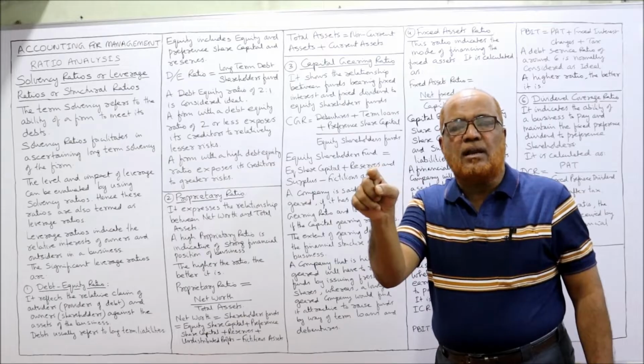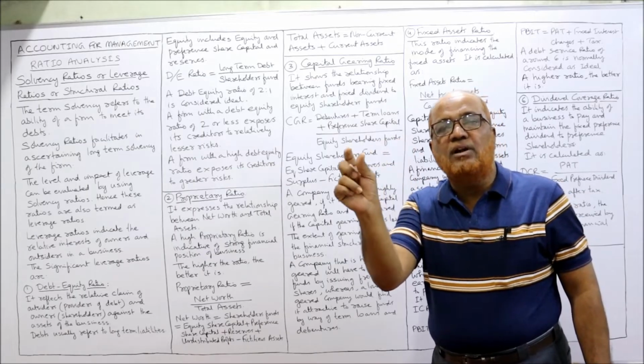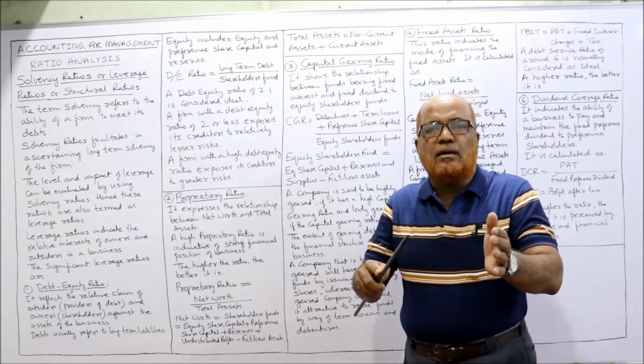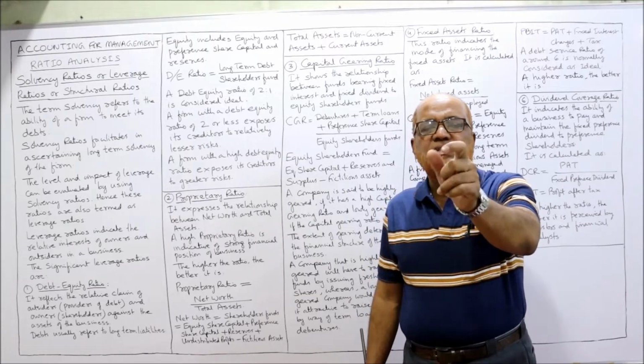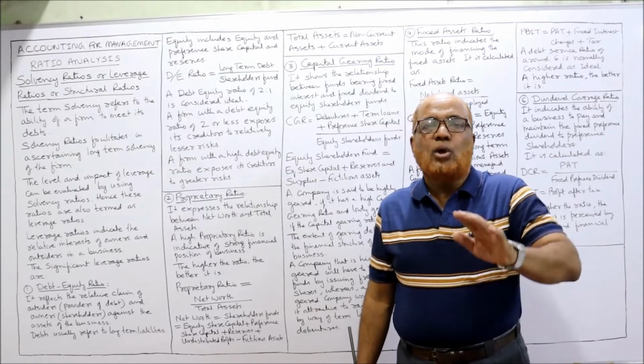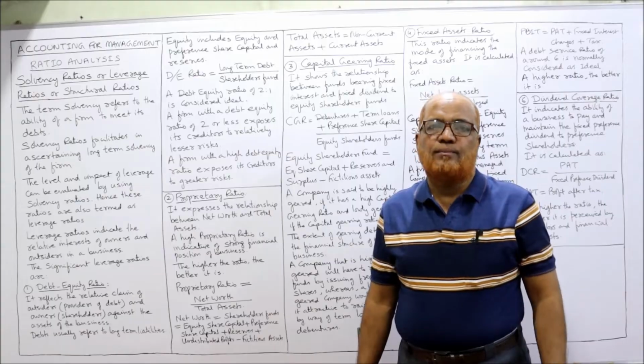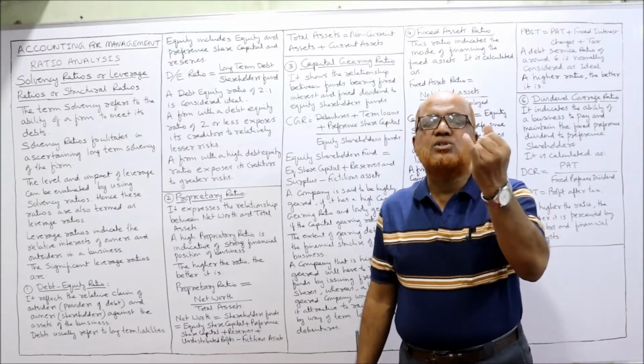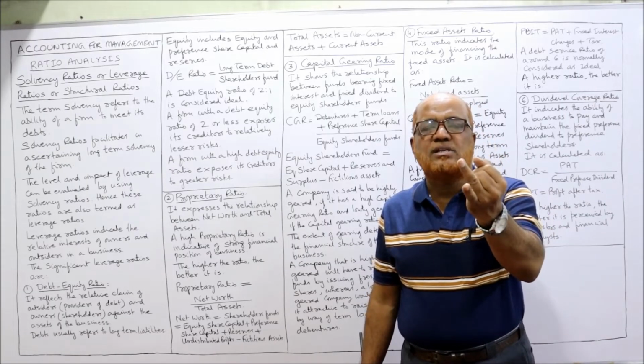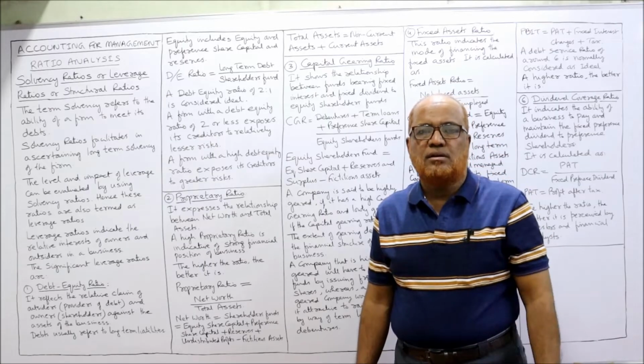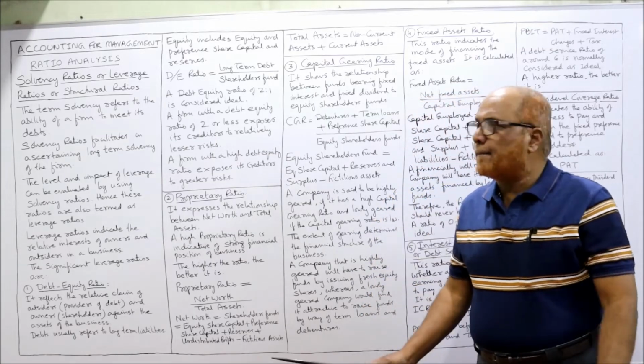Preference share capital carries a fixed rate of dividend. So we compare funds bearing fixed interest and fixed dividend to equity shareholders' fund. Equity shareholders' funds consist of equity share capital plus reserves and surplus minus fictitious assets. So that is capital gearing ratio.